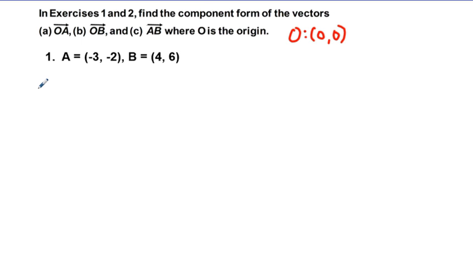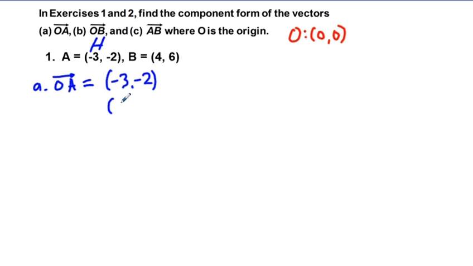So for A, we're going to say OA is going to equal, we have head minus tail, where A is the head, so we're going to have -3, -2.